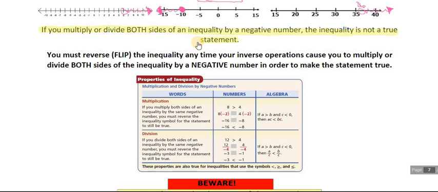And in order to make it a true statement, we need to flip our inequality. So any time we multiply or divide both sides by a negative number in our solving process, we need to flip our inequality symbol, just the symbol itself. Then that inequality statement will remain true.